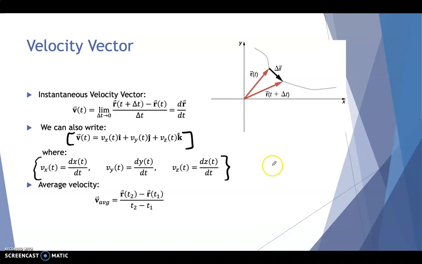Hopefully this makes sense. Basically, we just break it down, and we can take the derivatives of these 3 different coordinates. And then we can also define our average velocity as so. Again, it looks very similar, and all we're doing is now we have vectors to describe our positions.